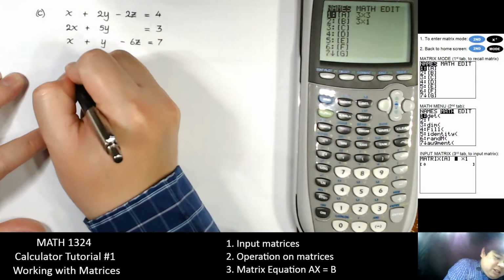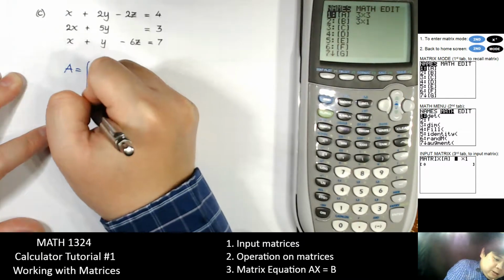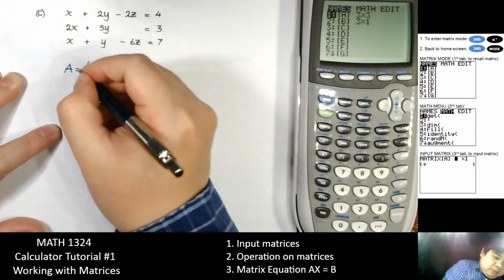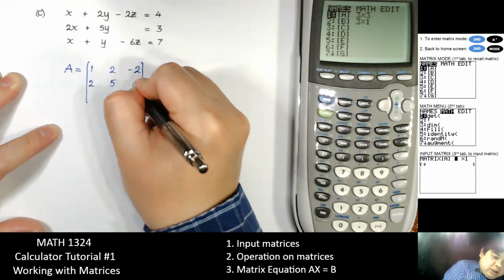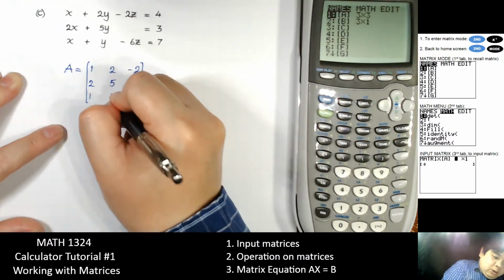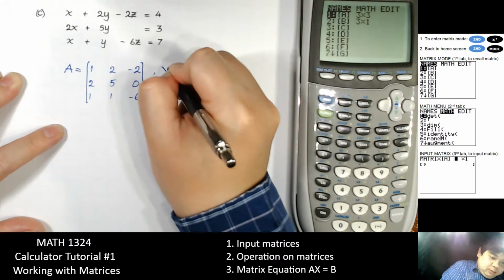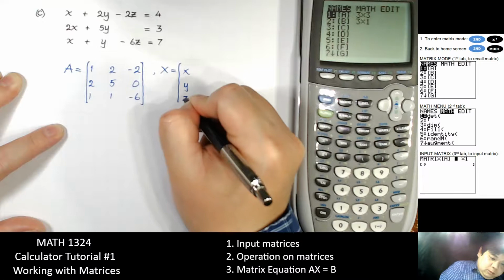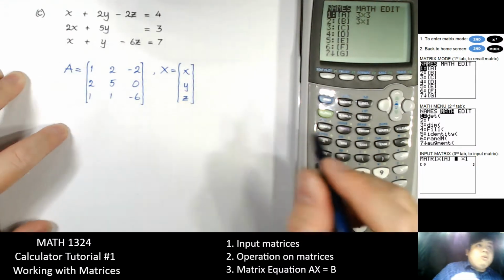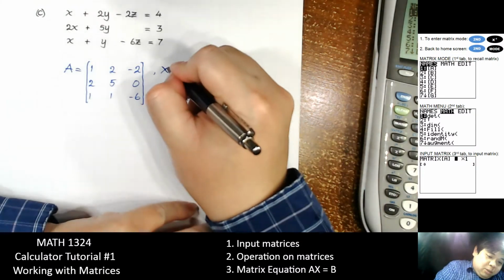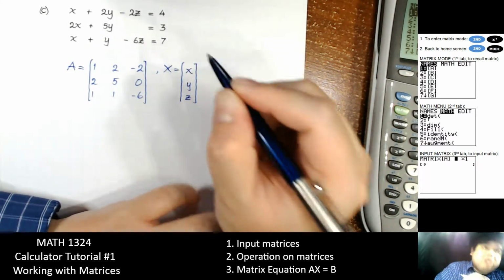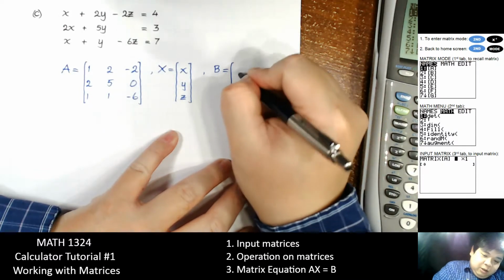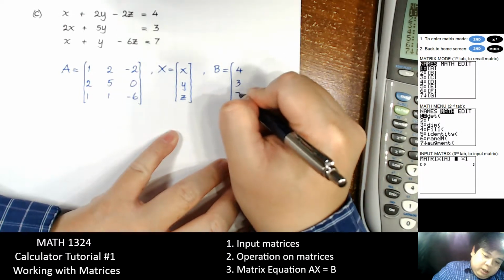Just write out 1, 2, -2, 2, 5, 0, 1, 1, -6, x, y, z for the matrix X. This is big X, this is a little x. Matrix B, 4, 3, and 7.